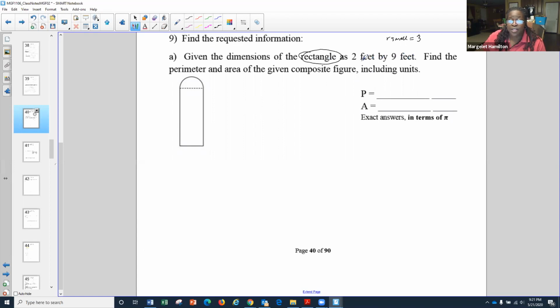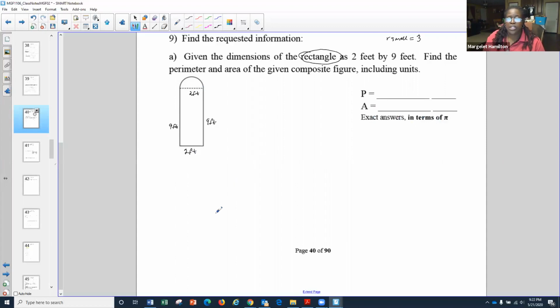So we see here that the dimensions are the same. We don't have to do any conversions. That's good. Let's label. So we have 2 feet by 9 feet. And what we know about our rectangle, let's go ahead and fill in the rest. We know that this is 9 feet here, and this is 2 feet here. What they want us to do is find the perimeter and find the area in terms of pi, okay?